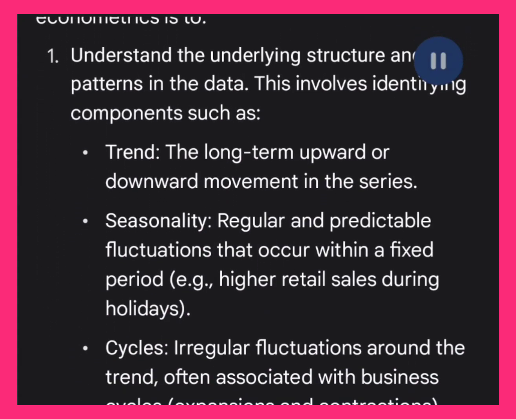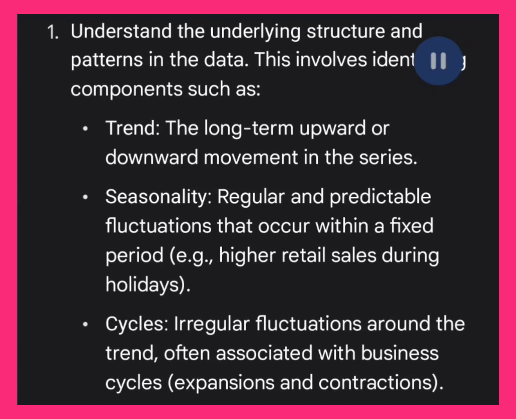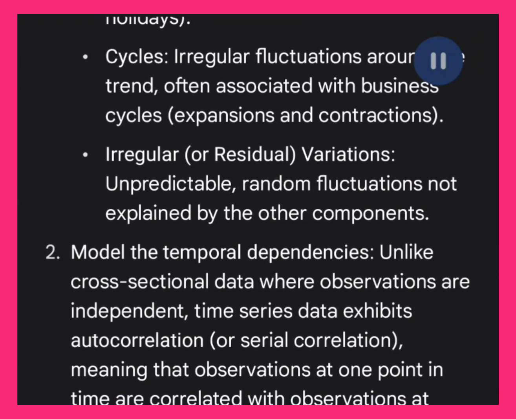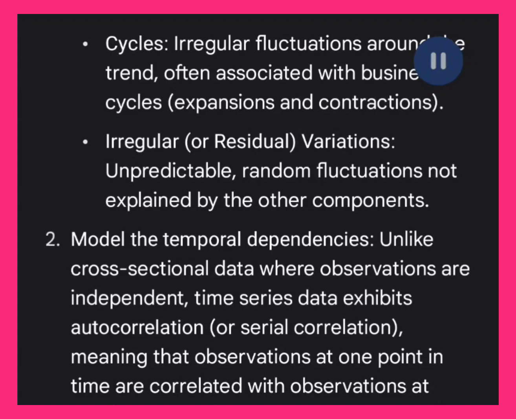This involves identifying components such as trend, the long-term upward or downward movement in the series; seasonality, regular and predictable fluctuations that occur within a fixed period, e.g., higher retail sales during holidays; cycles, irregular fluctuations around the trend, often associated with business cycles, expansions and contractions; and irregular or residual variations, unpredictable, random fluctuations not explained by the other components.